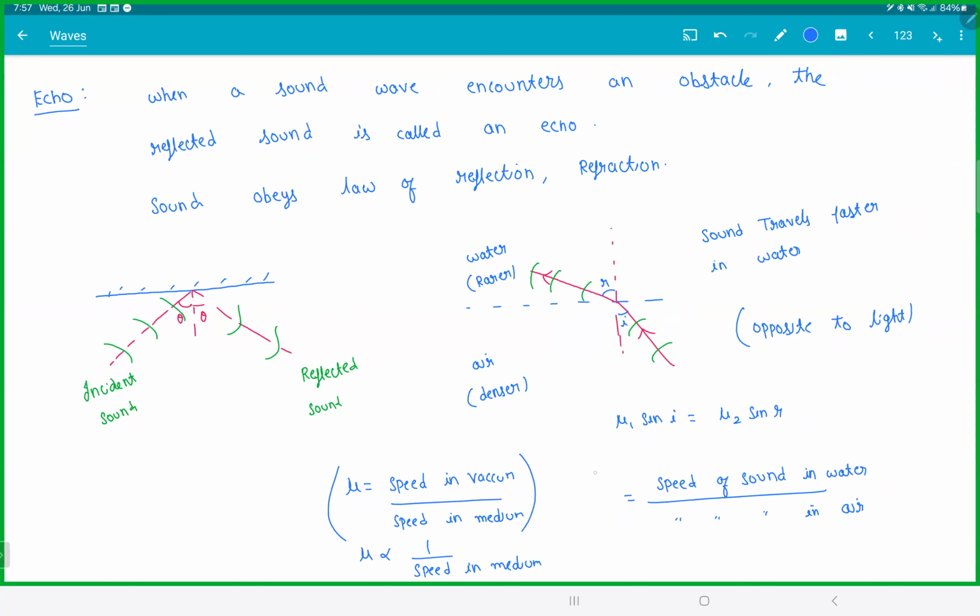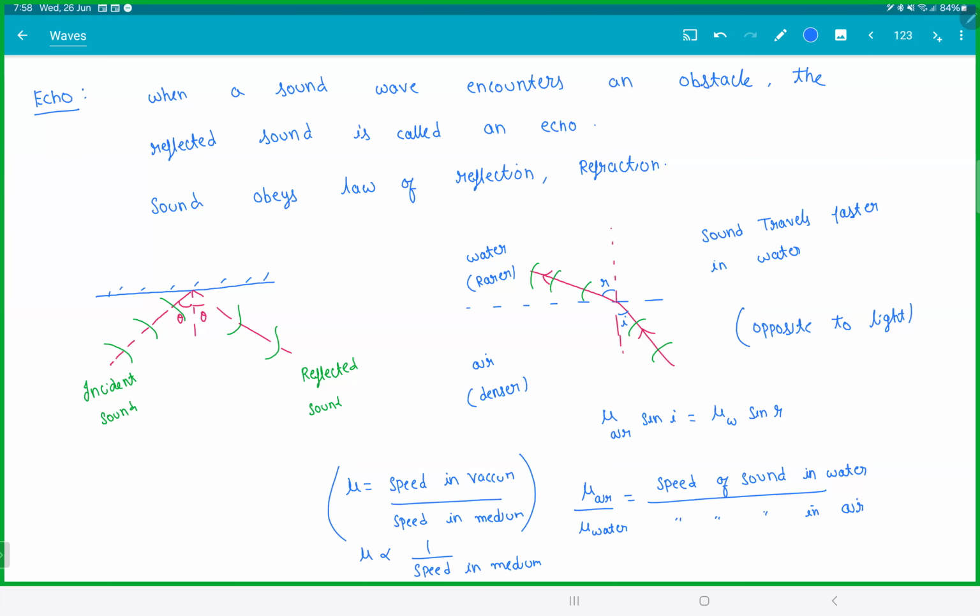So I'll write this thing as this only: mu of air by mu of water, you can define like this. Because tell me one thing, mathematically, does the maths care whether you're talking about a light wave or a sound wave? It doesn't care.